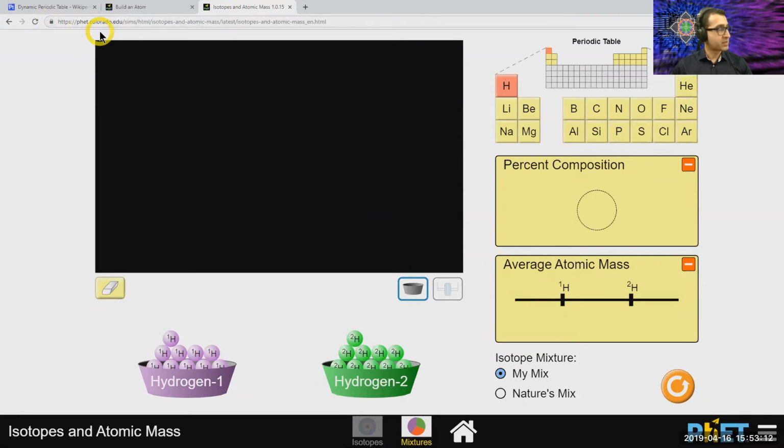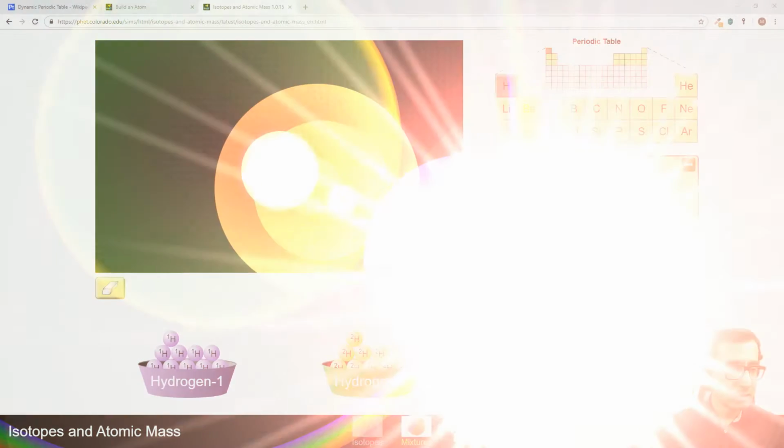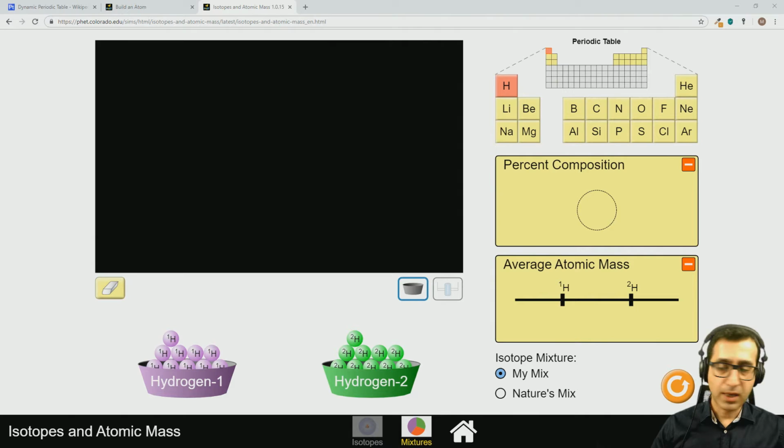And again, you can find these on the PHET website. So we'll finish off relative atomic mass, and then we'll get into the exam questions that you received in your exam question packs.